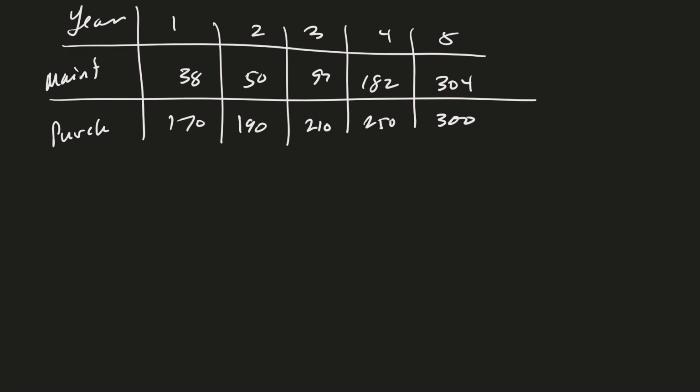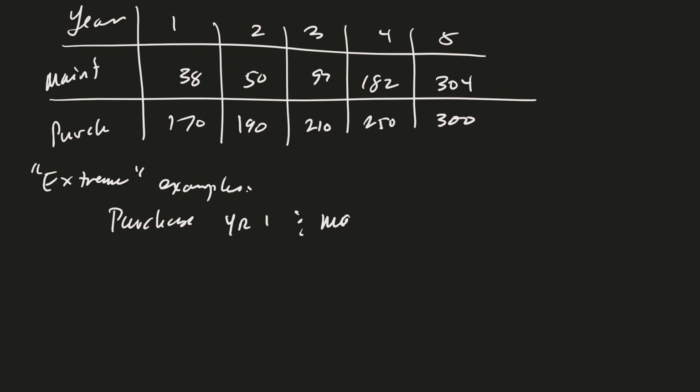Let's take a look at some extreme examples, just to cost it out. Suppose I purchase a machine in year one and just maintain it for the 5 years.